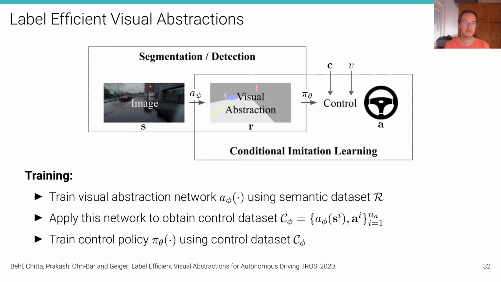These are the ground truth control signals, the steering wheel angle, and the acceleration A. So through this conversion, we generate this big data set now with maybe 100,000 or millions of data points in order to train the control policy using that large control data set. So we have a small data set to train the abstraction network and a large data set to train the policy.